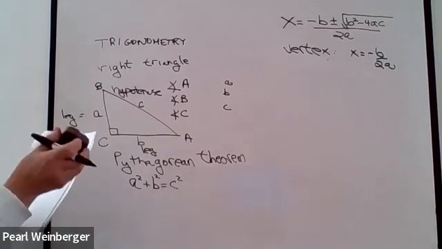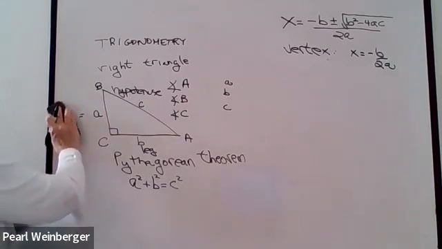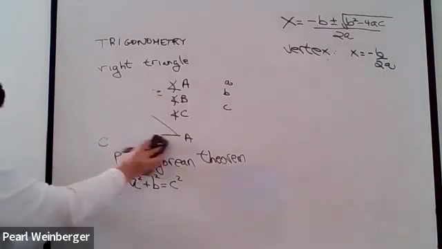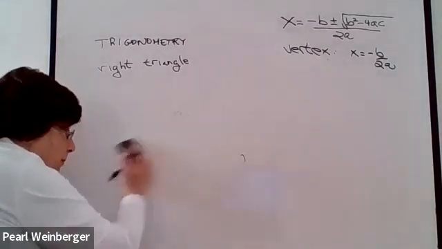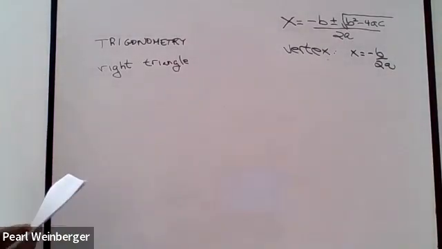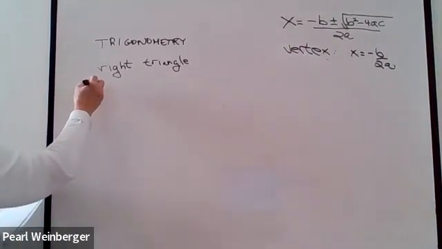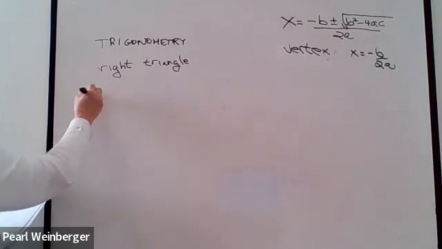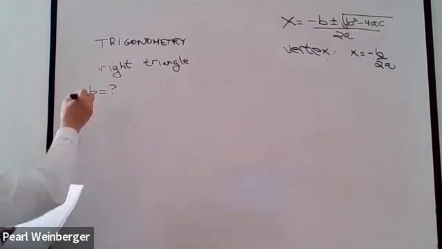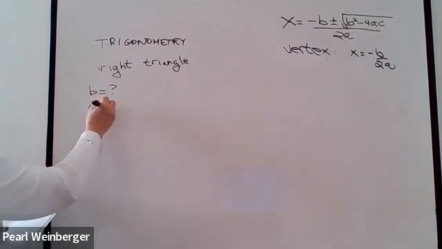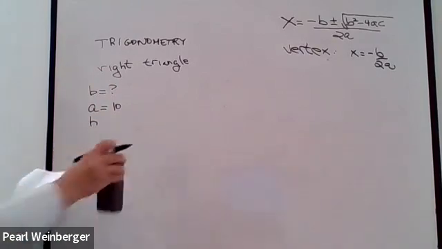Okay, so let's say I gave you an example like this. I'm taking a problem out of a final exam. It says to find the length of side B in the triangle below if A equals 10 and C equals 26.